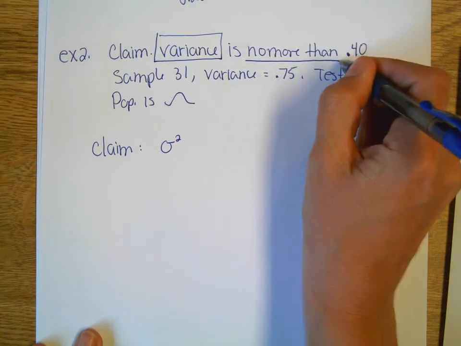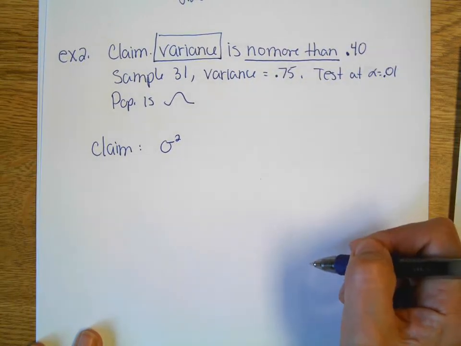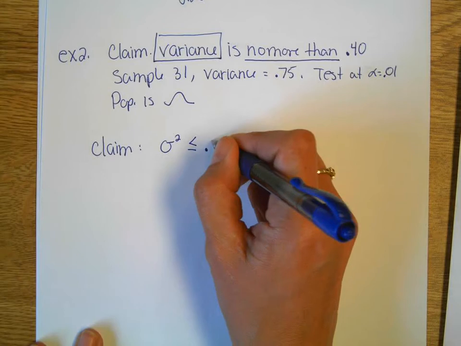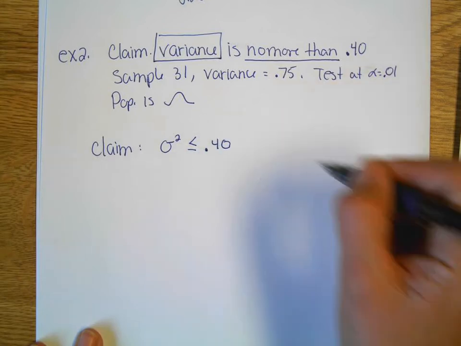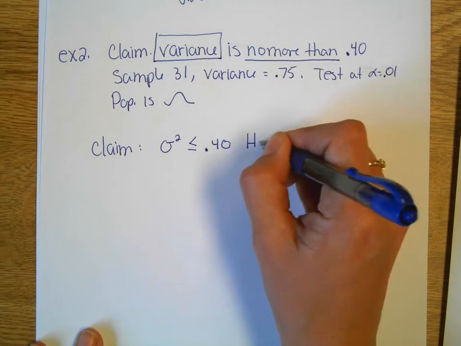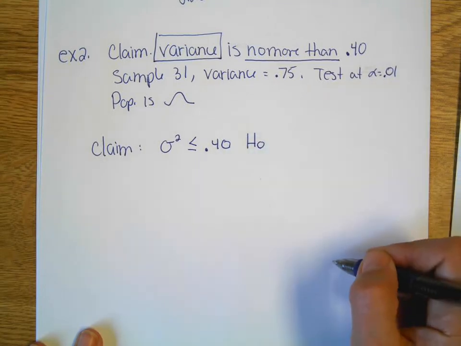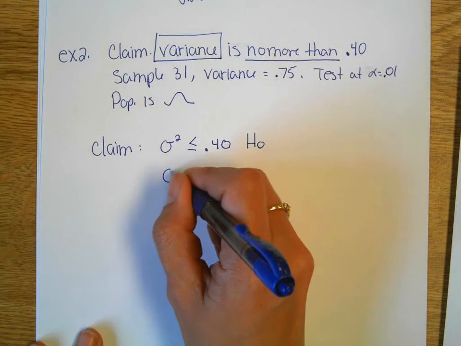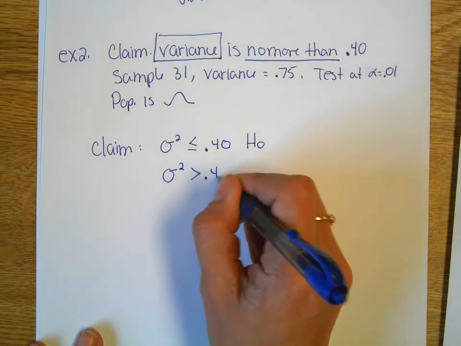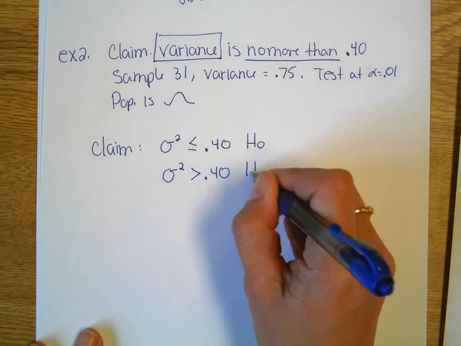No more than: less than or equal to 0.40, making that the H0. Greater than 0.40 would be the Ha.